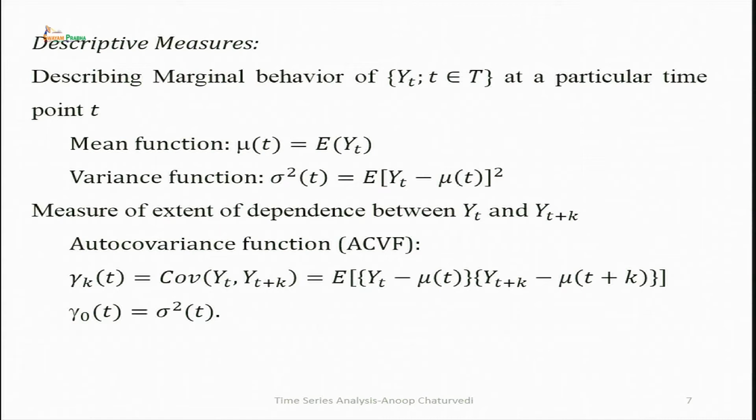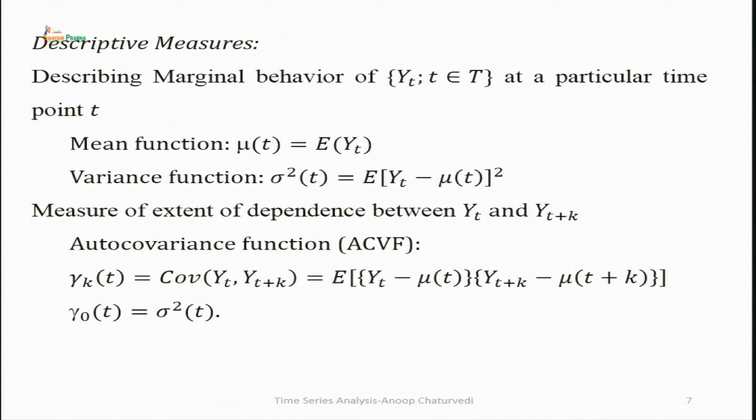Again we define some descriptive measures which are quite useful in studying the properties of the time series. Now, for describing the marginal behavior of y_t at a particular time point, we define the mean function, say mu_t, which is simply the expected value of y_t.